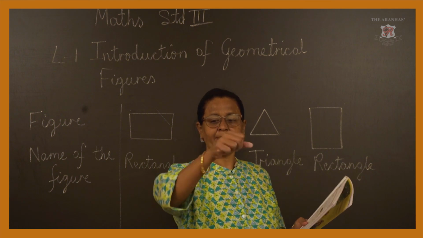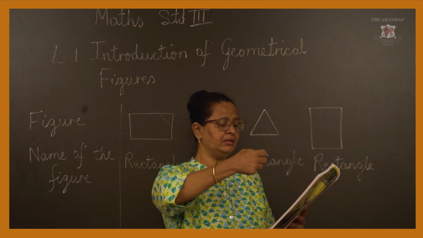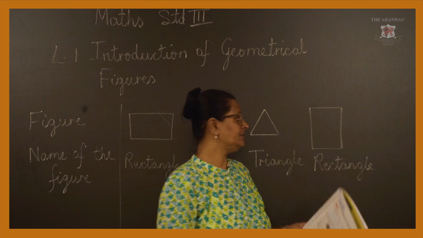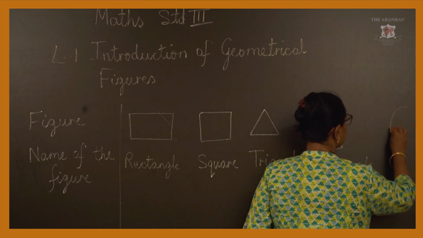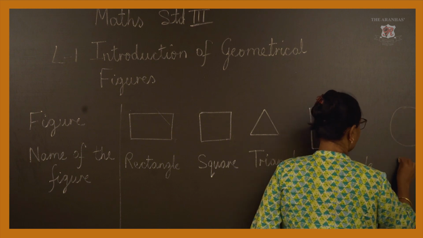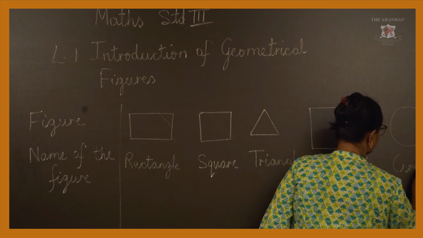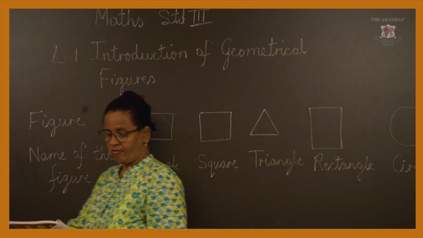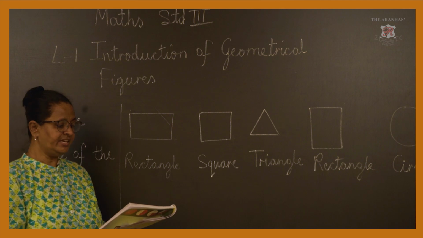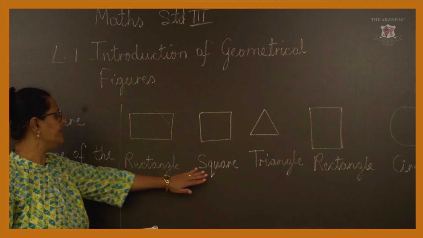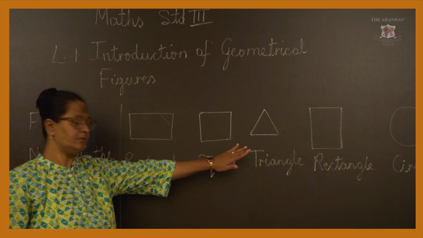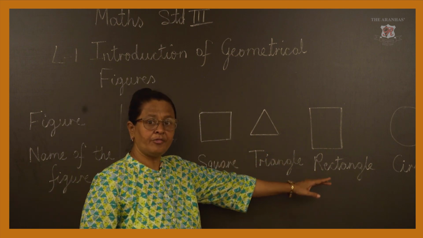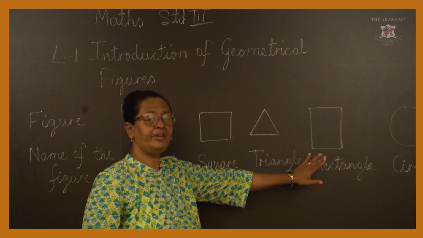The bangle that mummy wears. What shape is it in? It is a circle. Have you got it? Now, see children, the spellings of these geometrical figures that I have written on the blackboard are very important.